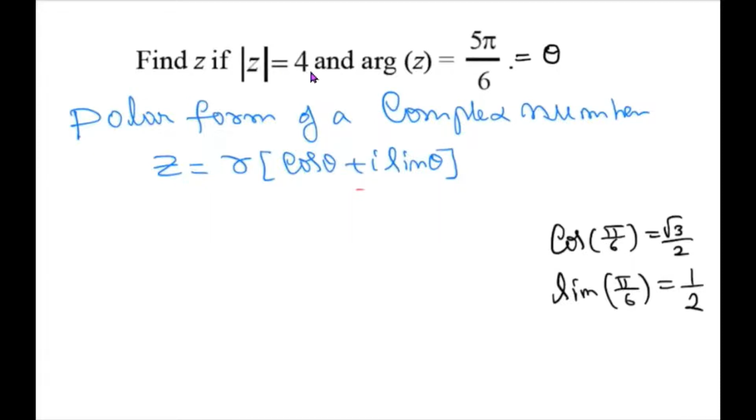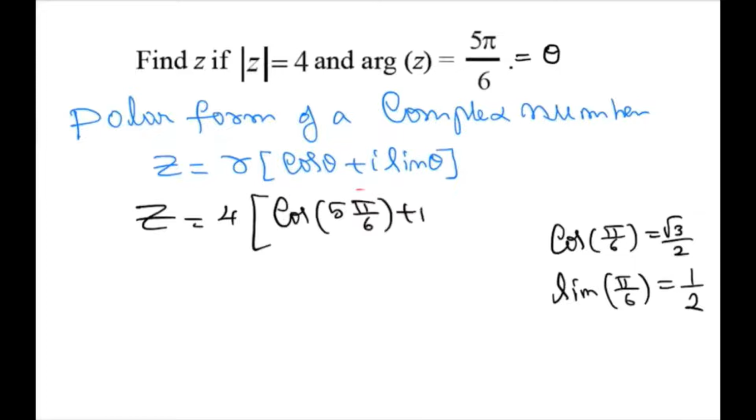Just we need to substitute these in z equal to r times (cos theta + i sin theta). Z is 4 times (cos of 5 pi by 6 + i times sin of 5 pi by 6).